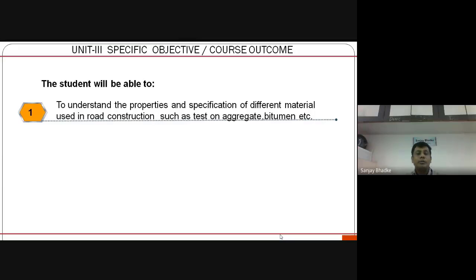Through this topic, one should understand the properties and specifications of different materials used in road construction, such as aggregates and bitumen. Normally, we use bitumen for flexible pavement, and in the case of concrete roads, we use aggregates. So we should know the properties of the aggregates.